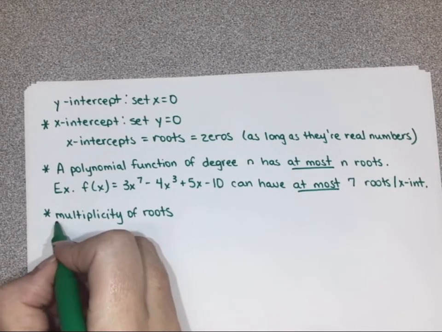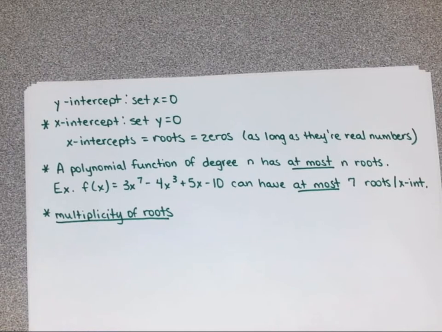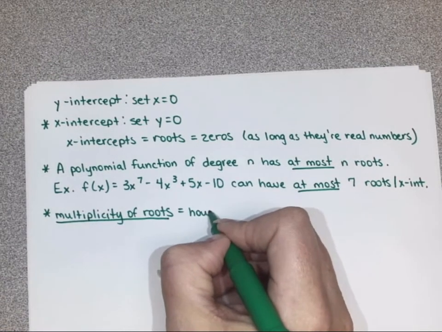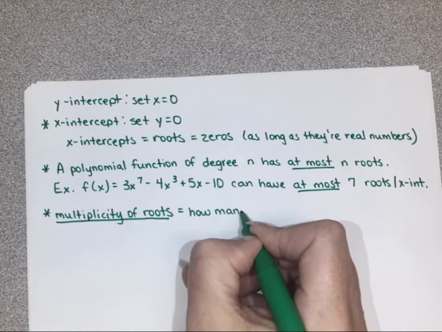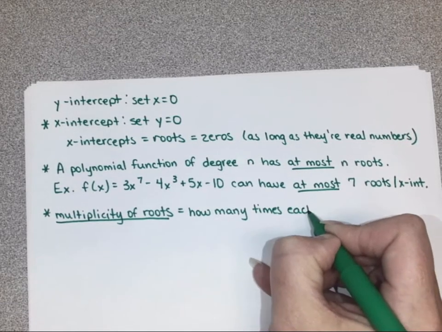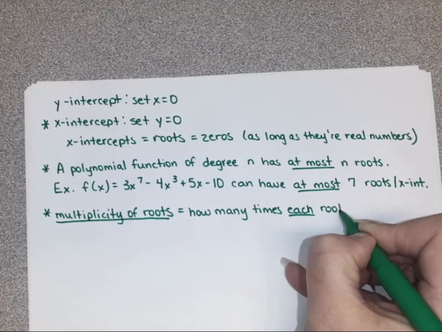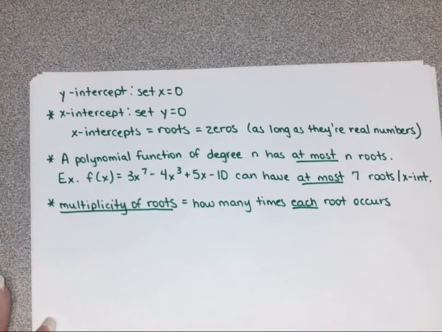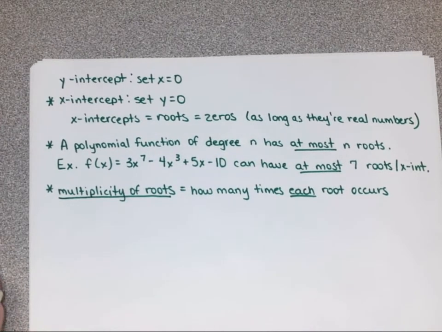But anyway, multiplicity is just how many times something occurs. So the multiplicity of a root is how many times each root occurs. It's not the same as degree. Degree is one number that describes the whole polynomial. Multiplicity is how many times each root happens.